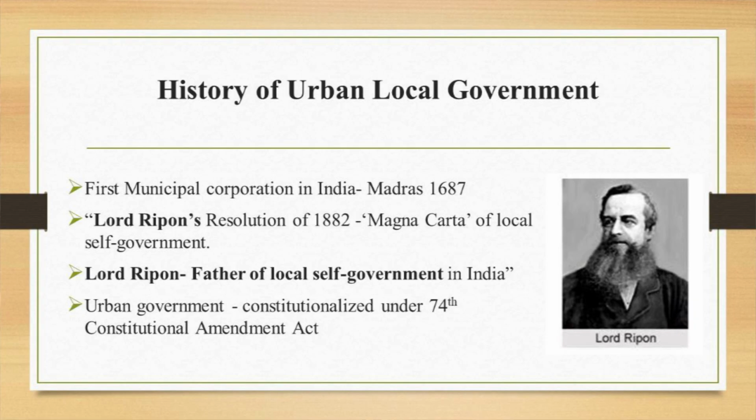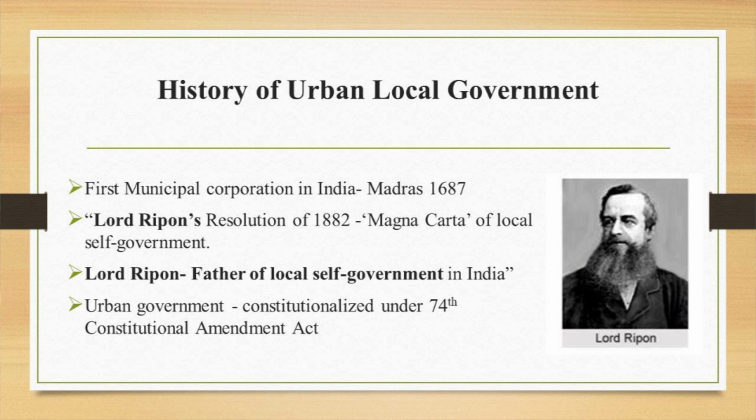Historically, the concept of local government was originally present in rural areas alone. However, during the period of British rule, the institutions of urban local government originated and developed. The first municipal corporation in India was set up in Madras in the year 1687, followed by Bombay and Calcutta in the year 1726.